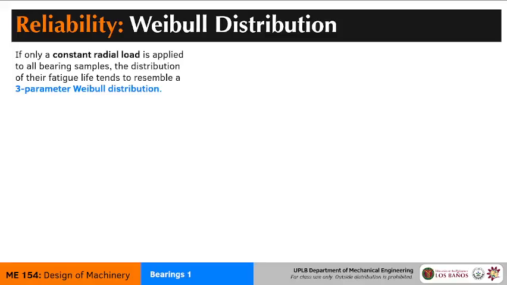And when you plot them out, for example, if you do hundreds and hundreds of tests on bearings of the same model but different units, you will see that the distribution of the failure rates, or rather the load and the operation at which it failed, will follow this thing called the Weibull distribution.